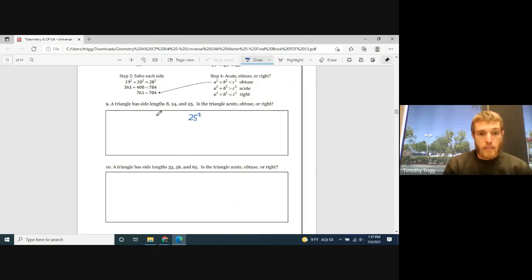And so that'll be 8 squared plus 24 squared. I want you to figure out, is it equal? Or is this side greater, meaning it'll be an acute triangle? Or will this side be greater, meaning it's an obtuse triangle? If it's equal, then it's a right triangle. So try that one and try this one as well.